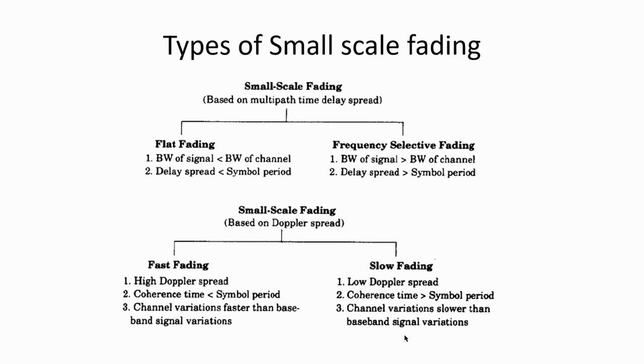First, we look at the classification based on multipath time delay spread. Small scale fading is divided into flat fading and frequency selective fading. In flat fading, the bandwidth of the signal is less than the bandwidth of the channel.